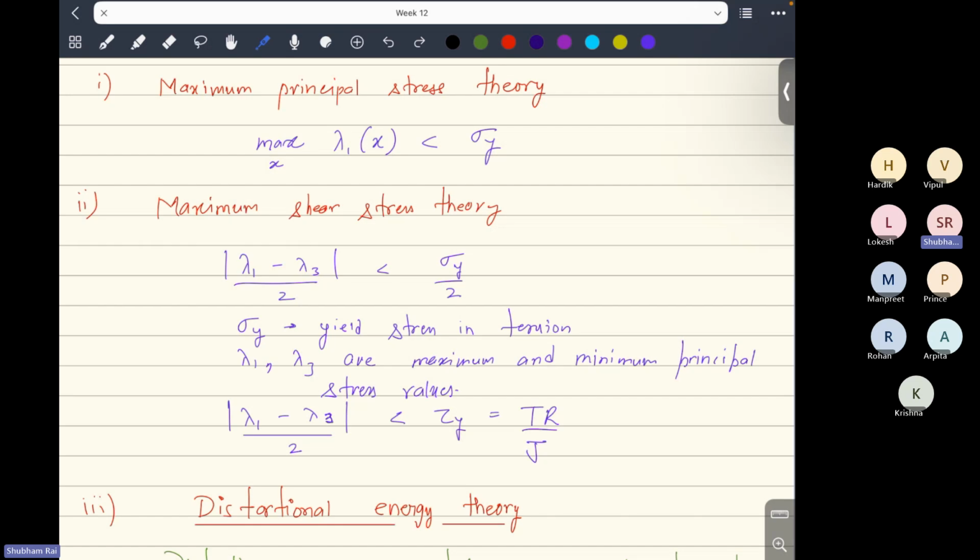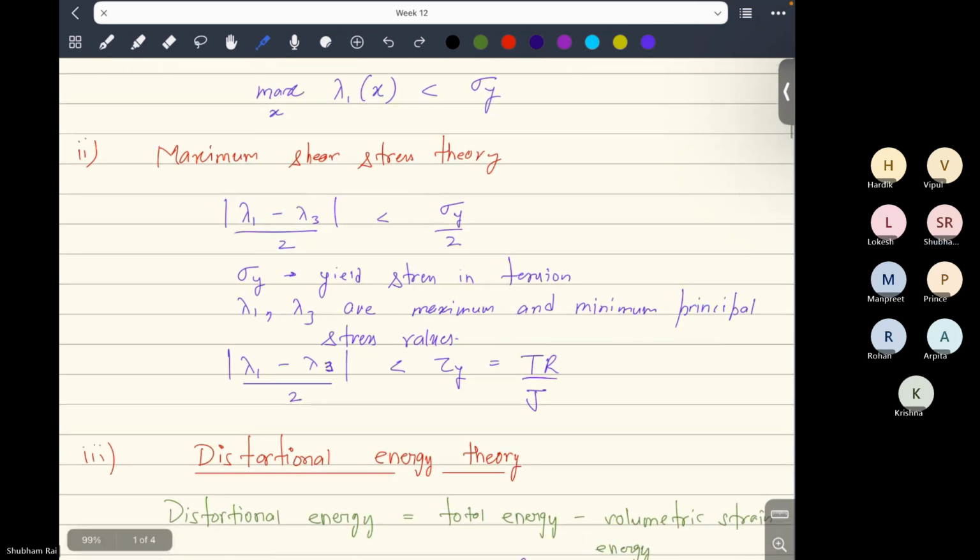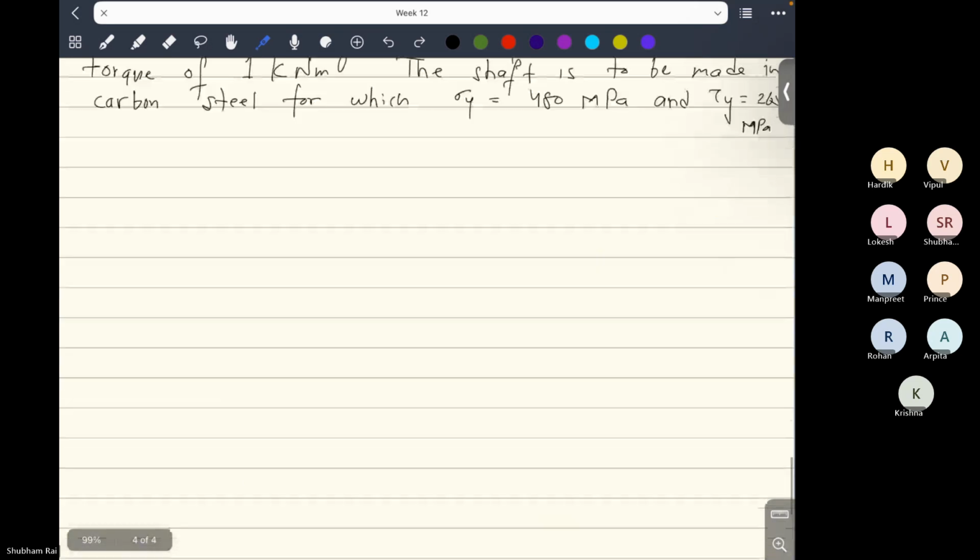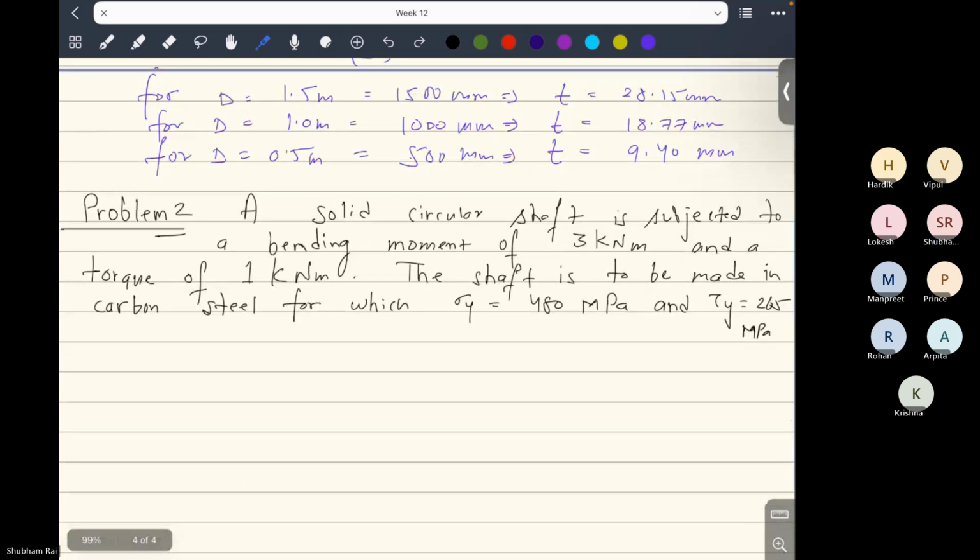Okay, so we will move to the next question. So you have yield stress and shear strength of the material, and shear strength is not exactly half, because half of this is 240, but it is 265. It's more than half.